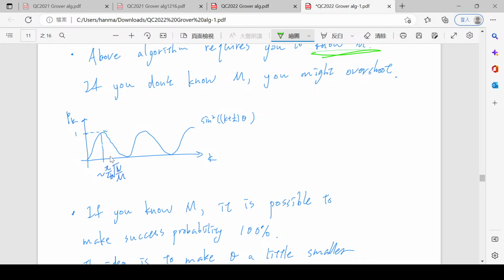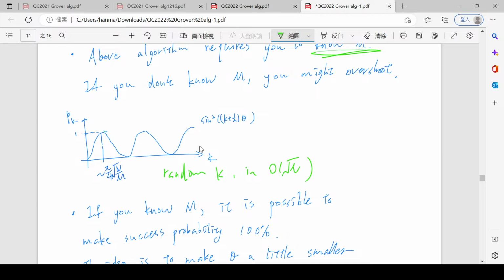Sorry, I guess that's stupid, but there are a few easy things and a few more complicated things. So the easiest thing is you pick a uniformly random k. Okay? You pick a random k in an order square root n range.